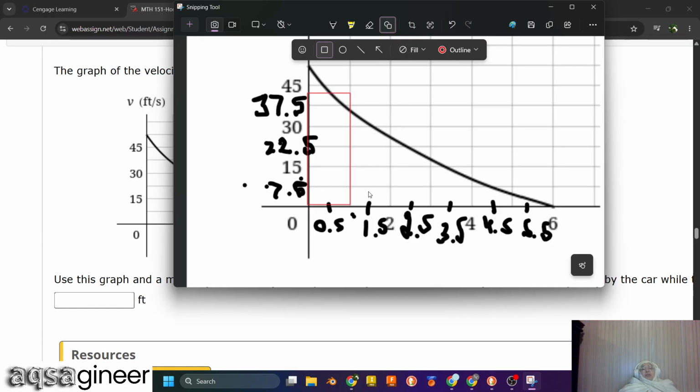It's a little under 45. It might be even smaller actually.